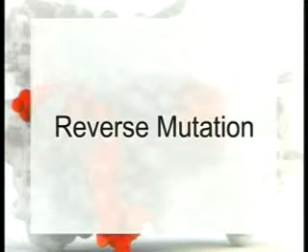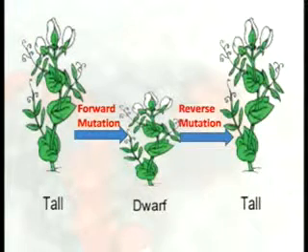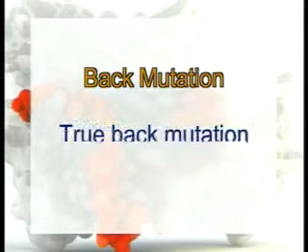Number 2, reverse mutation. If a mutant is again mutated at the same site in such a manner that its phenotype returns back to the wild type, the mutation will be reversion of the first mutation or a back mutation. The back mutation can be of two types. Number 1, true back mutation.